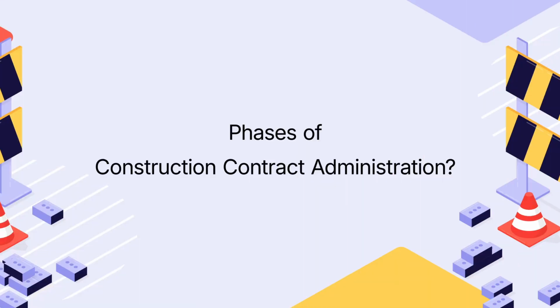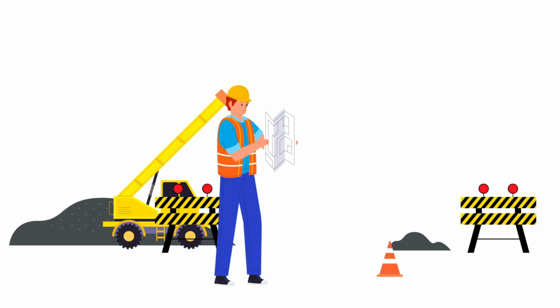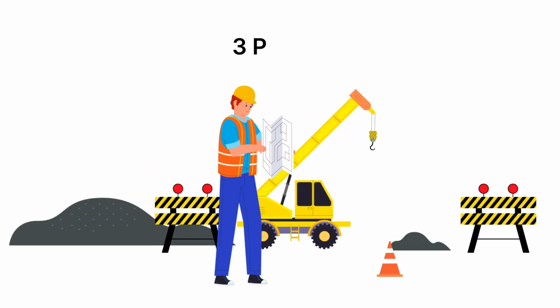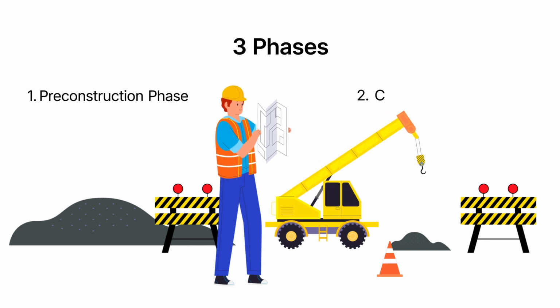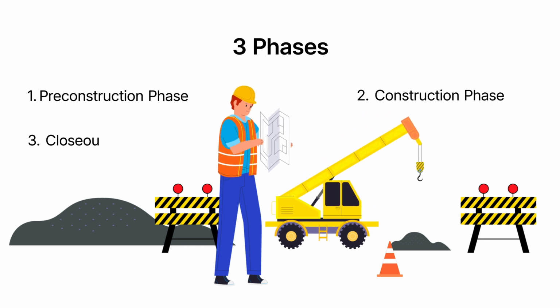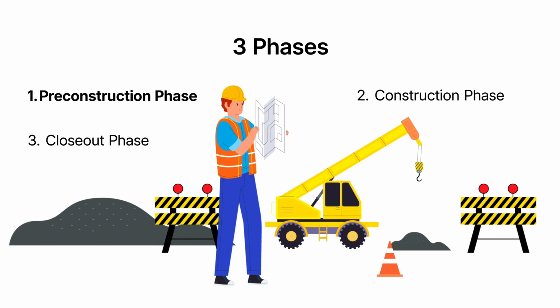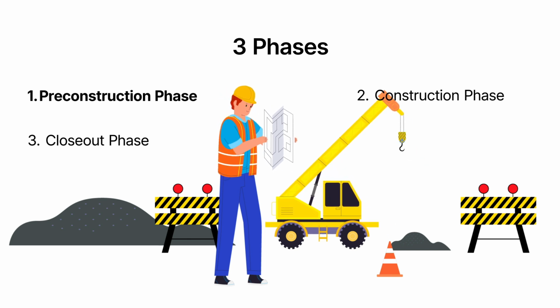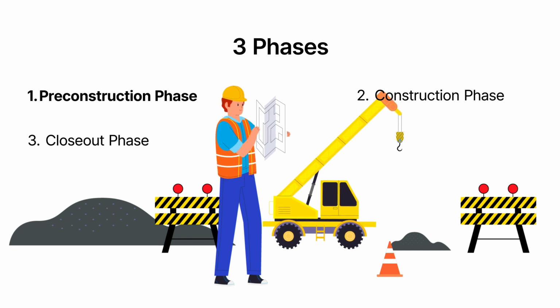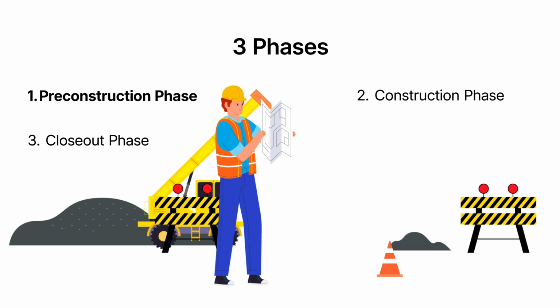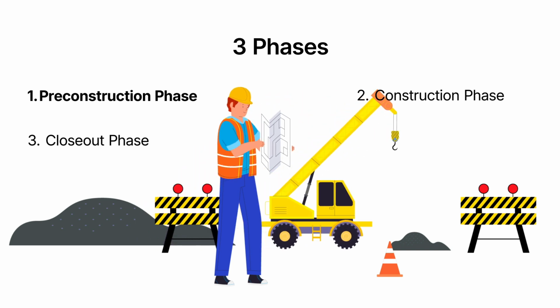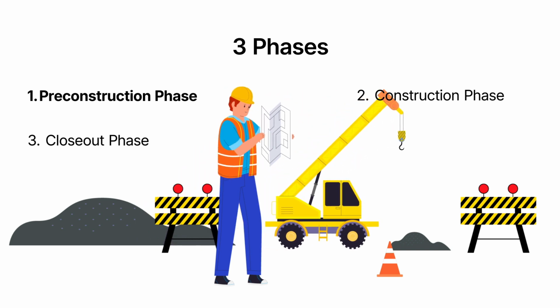Now, let's talk about how CCA is divided. It is typically divided into three main phases: the pre-construction phase, the construction phase, and the closeout phase. The pre-construction phase includes activities like contract execution, reviewing the schedule, and determining mobilization and what that will entail.